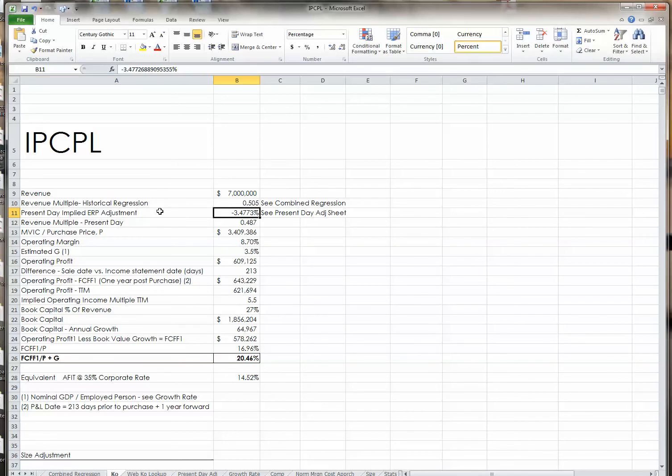And here, what we're doing is, since we've gone back 15 years to get the sample size of 408 roughly privately held companies transacted at that size level, we are adjusting here for current market conditions as compared to the average market conditions over the prior 15 years.